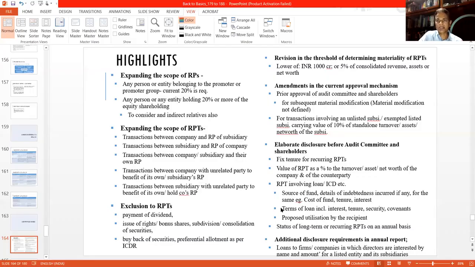So I just want to give a quick view of SEBI's forthcoming changes in related party transactions. In the meaning of the word related party, irrespective of the shareholding of a related party, if a party is forming part of promoter or promoter group, it will still be a related party. Secondly, and that's very, very important, in the definition of RPTs, we will also be including transactions which are circular in nature.